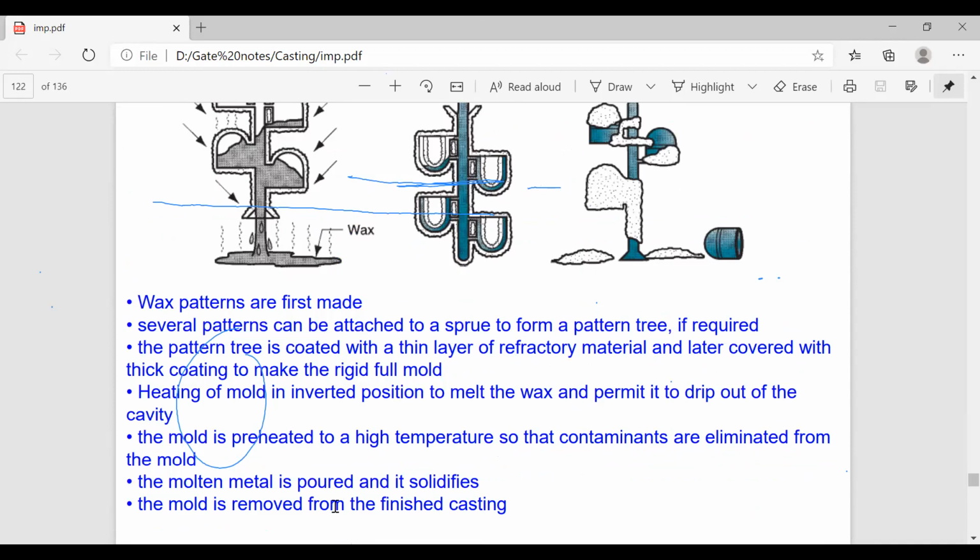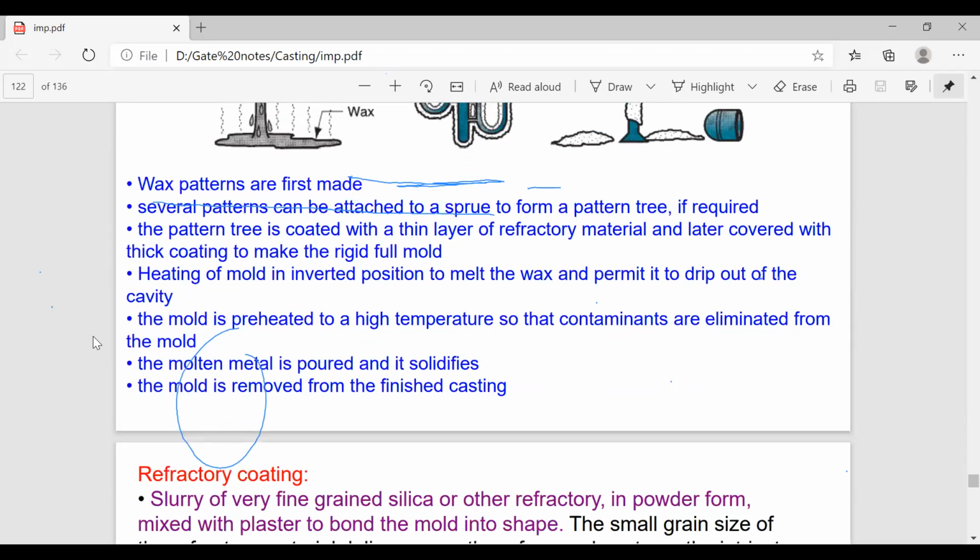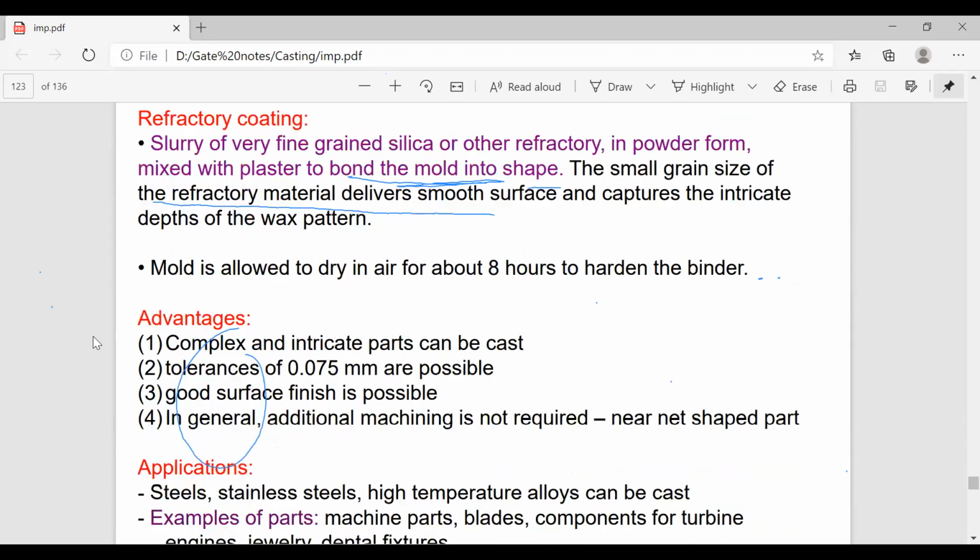So in this way we do the investment casting, and it is very important. Its advantages are that complex and intricate parts are cast in investment casting. Very important: tolerances of this much are possible, good surface finish is possible, and additional machining is not required.